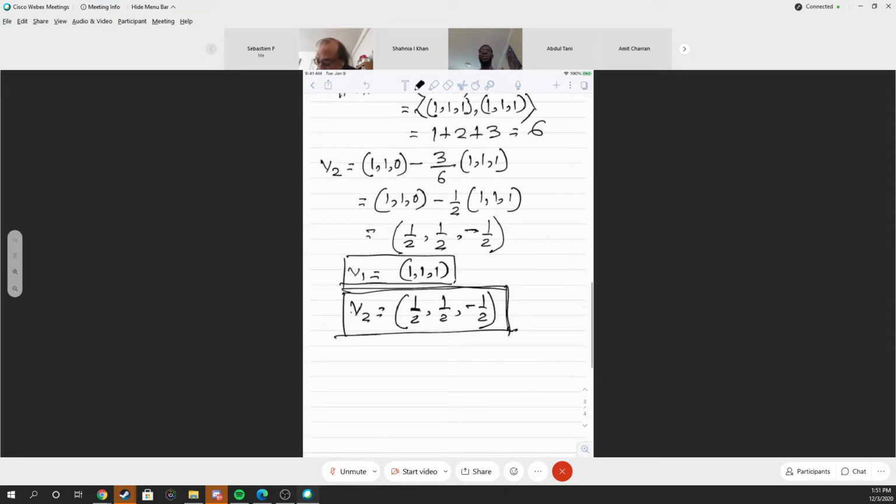Now comes V3. So this is U3 minus the inner product of U3 and V2 over the norm of V2 squared, times V2, minus the inner product of U3 and V1 over the norm of V1 squared, times V1.